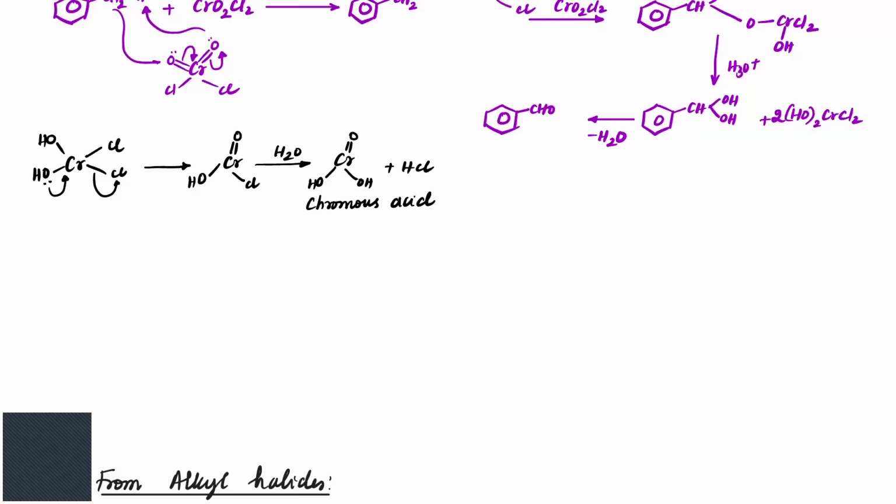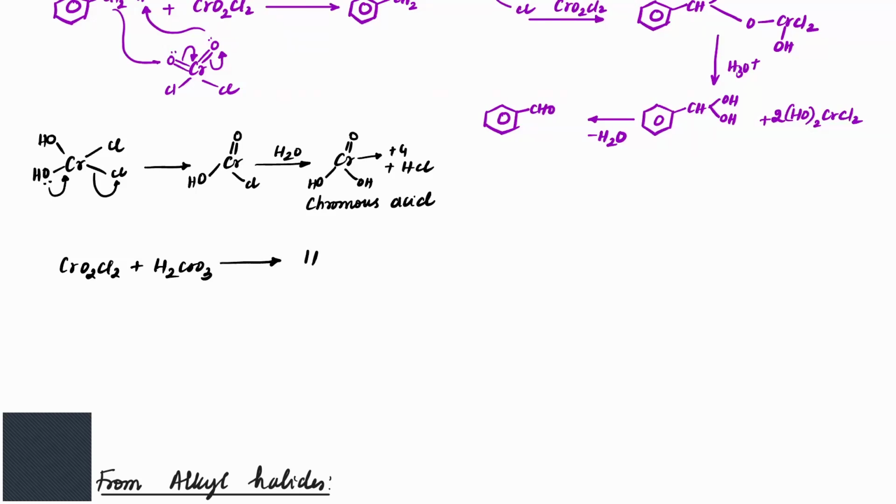The chromous acid oxidation state is +4. So what happens here is we have CrO2Cl2 plus H2CrO3.